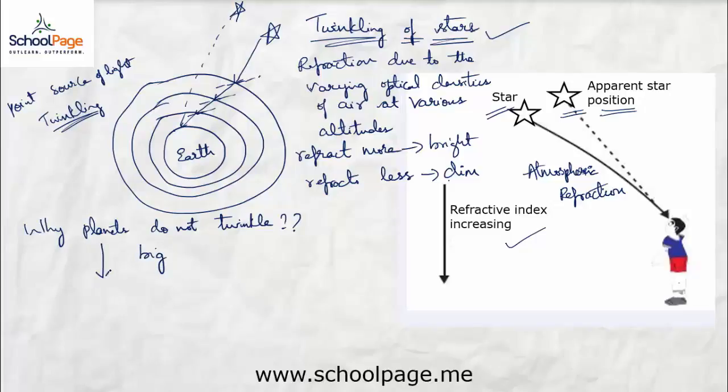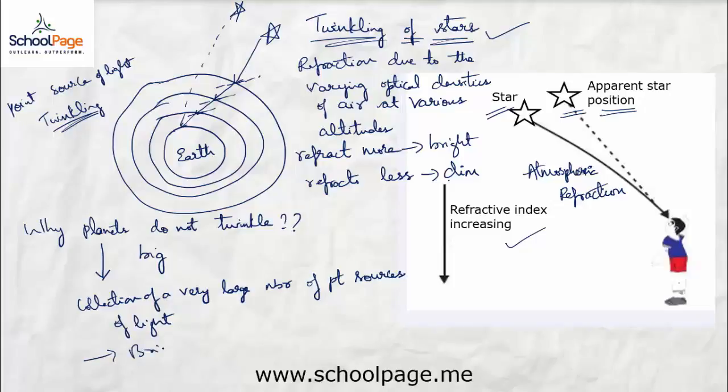So a planet can be considered to be a collection of a very large number of point sources of light, because of which the brightness of the planet always appears the same, and hence it does not appear to twinkle.